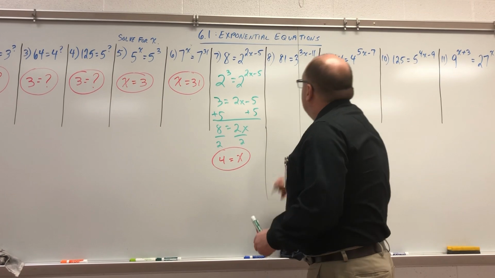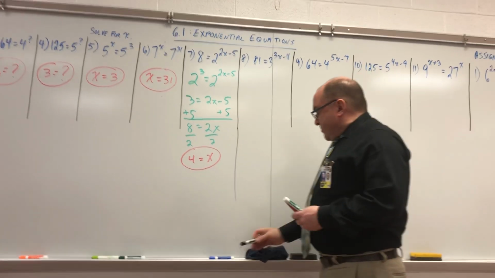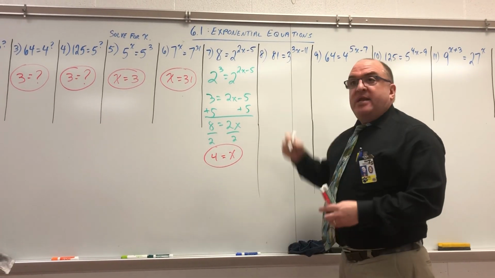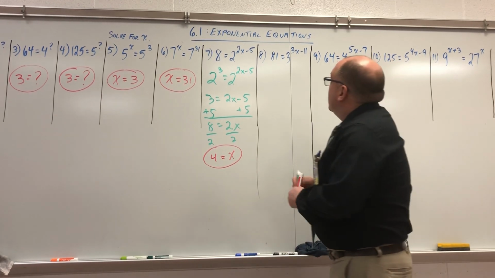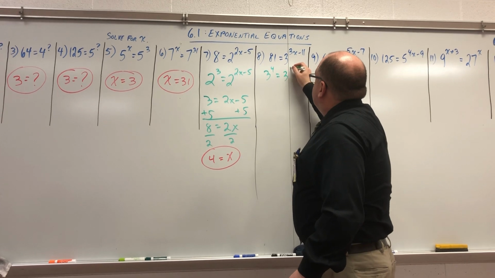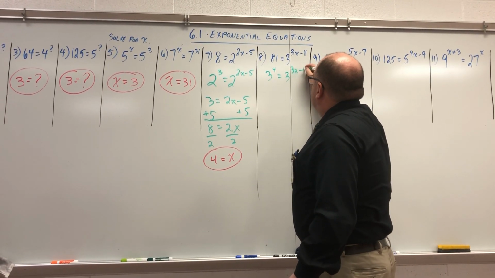Next. 81 equals 3 to the what power? That's right. So 81 equals 3 to the what power? 4, right? So 3 to the fourth power equals 3 to the 3x minus 11.